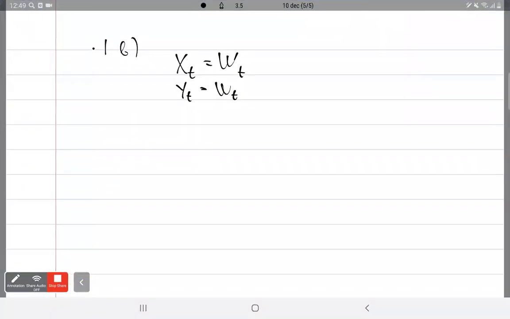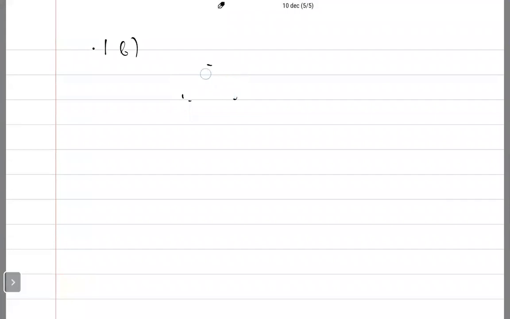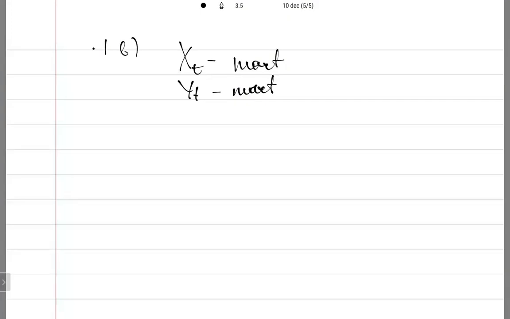Just a small recall, the question was: we know that Xt is a martingale, Yt is a martingale. Nothing is said about whether they are dependent or not. We only know that Xt and Yt are martingales with respect to the same filtration.